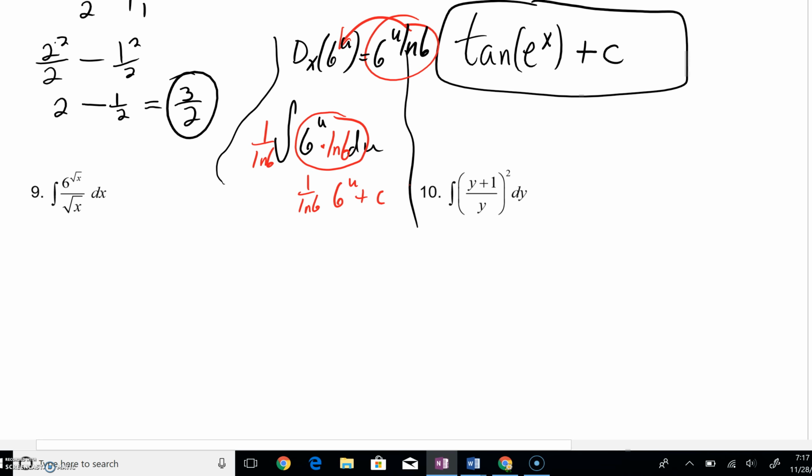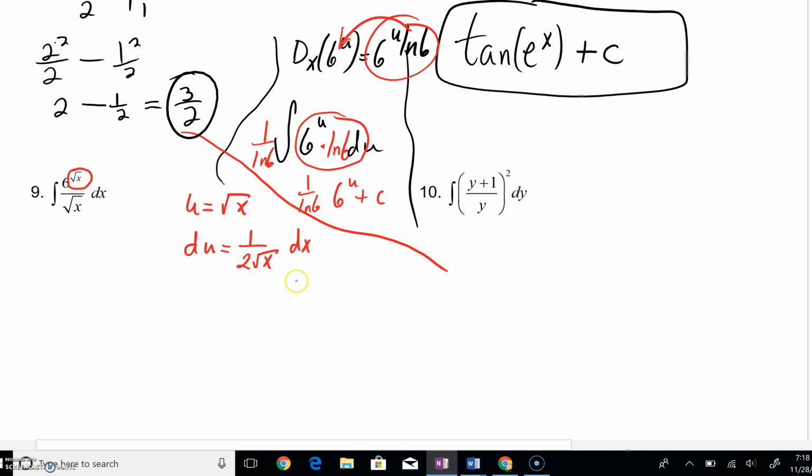Now that's a much simpler problem, but what I'm trying to drive home is this exact type of thinking, that maybe a u substitution could come into play. If we had u equals radical x, it's one of the most famous derivatives. I hope you've got it memorized. It's going to be 1 over 2 times radical x.